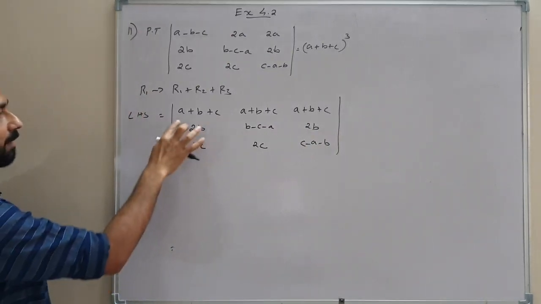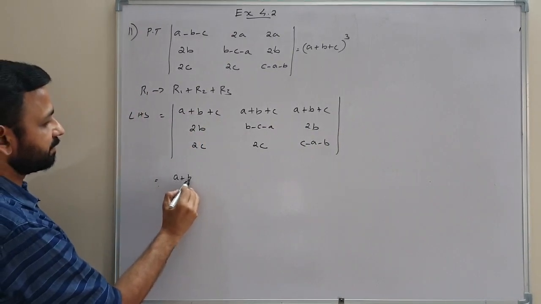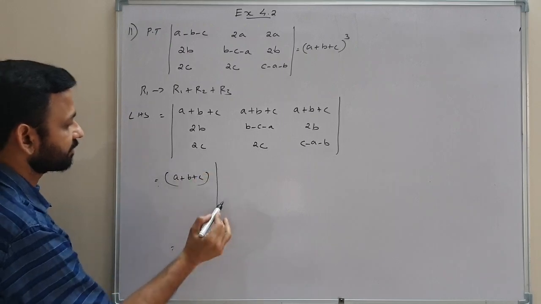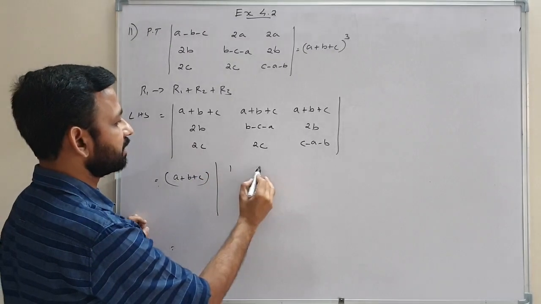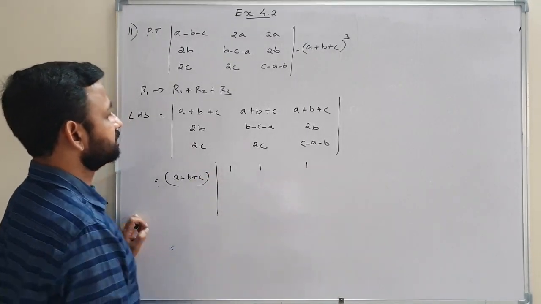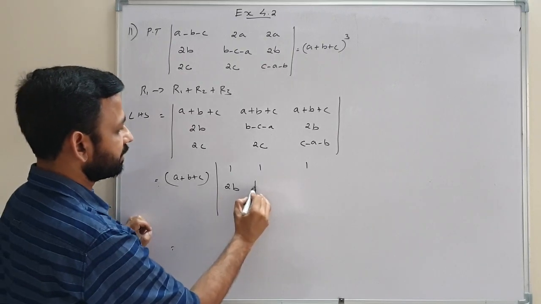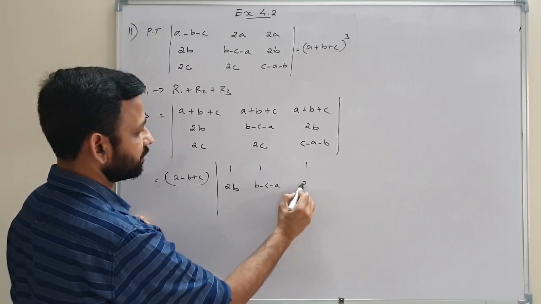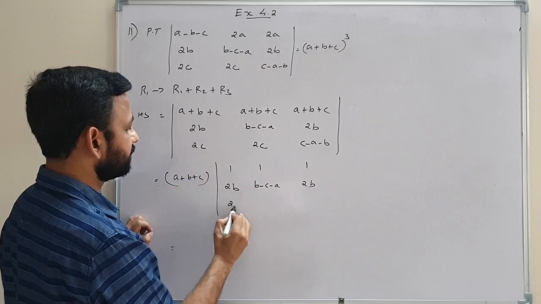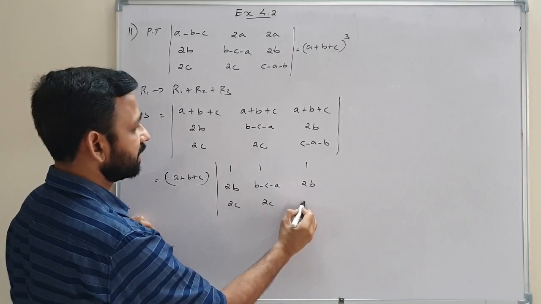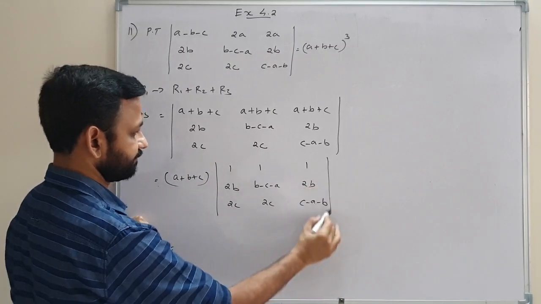Now we can take a plus b plus c common from the first row, and we get 1, 1, 1. Then 2b, b minus c minus a, 2b, and 2c, 2c, c minus a minus b.